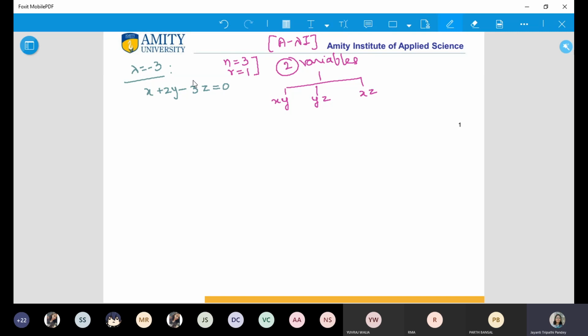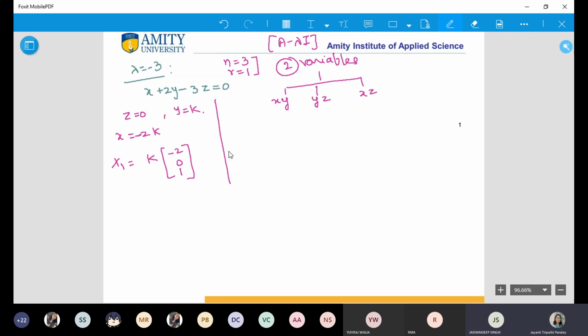Suppose I'm finding z more difficult to understand, so let's take z as 0. If I take z as 0 and I take y as k, then what will be x? Minus 2k. So one such answer will be, if I take out k, minus 2, 1, 0.